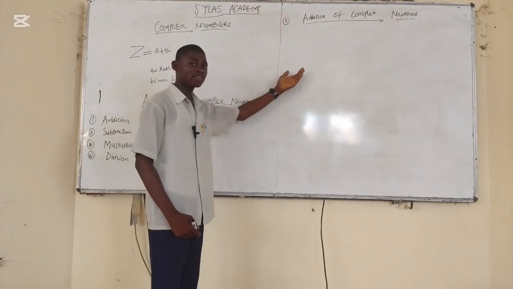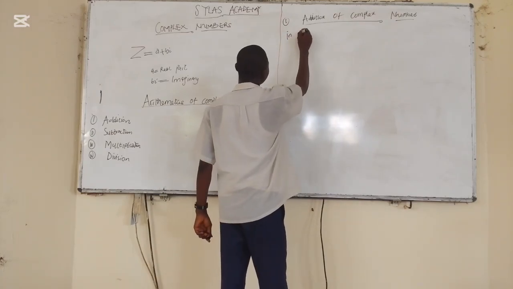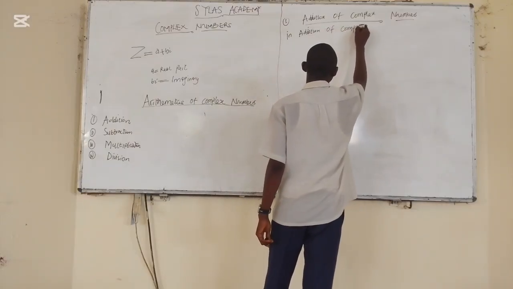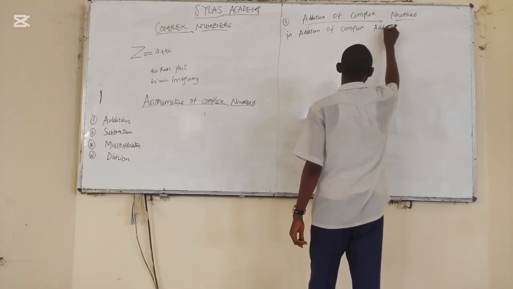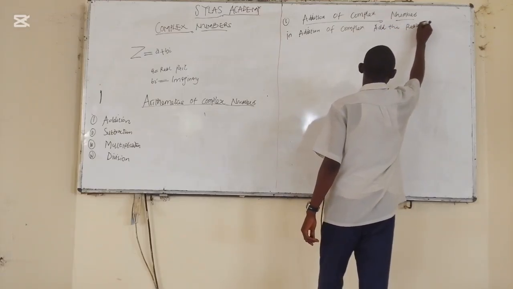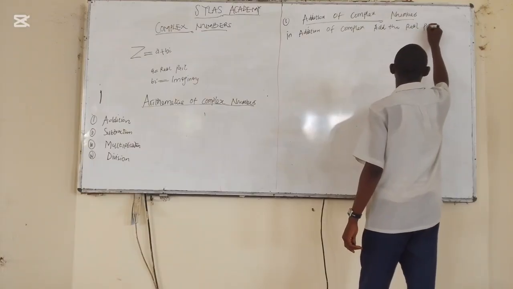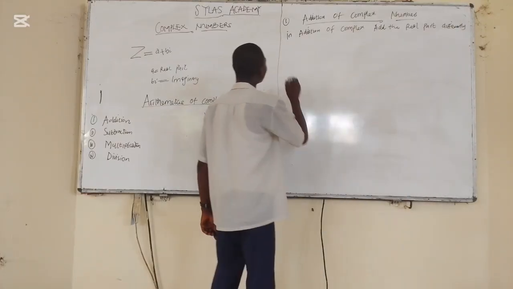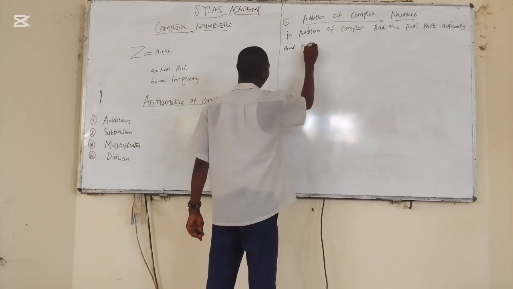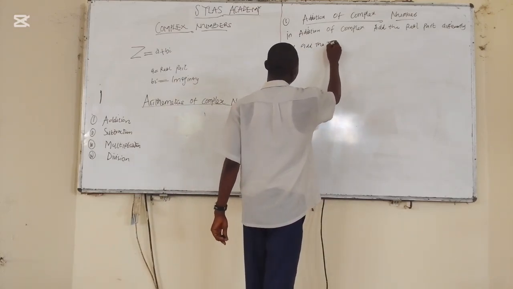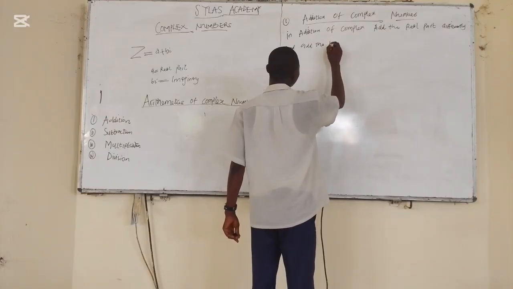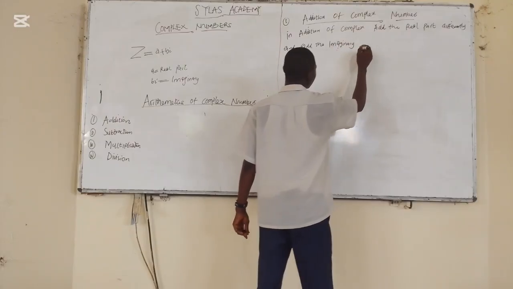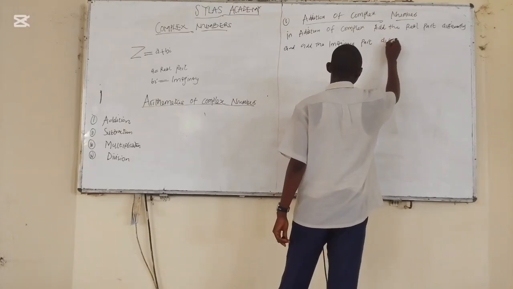So in addition of complex numbers, add the real part differently, and add the imaginary part differently.